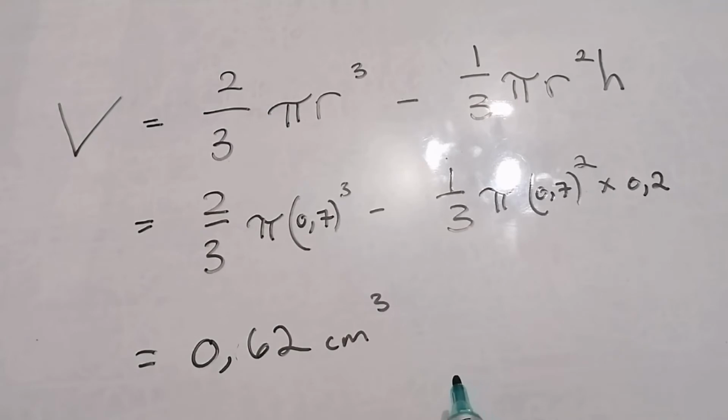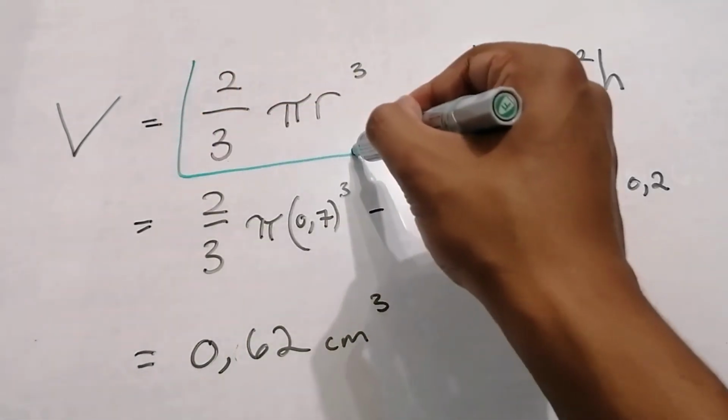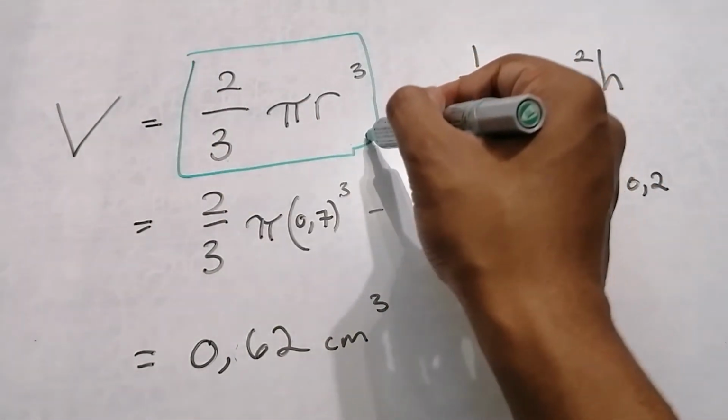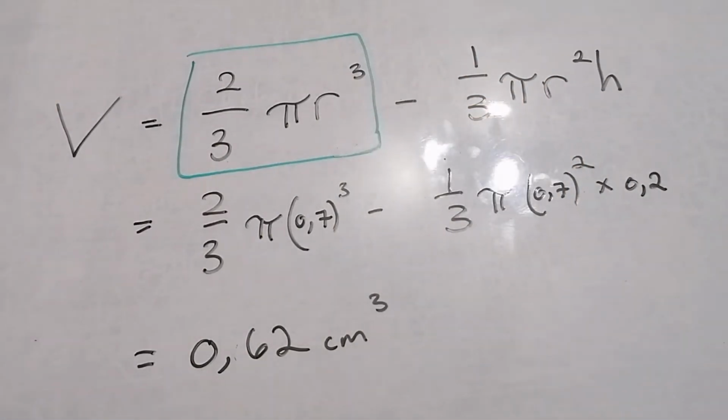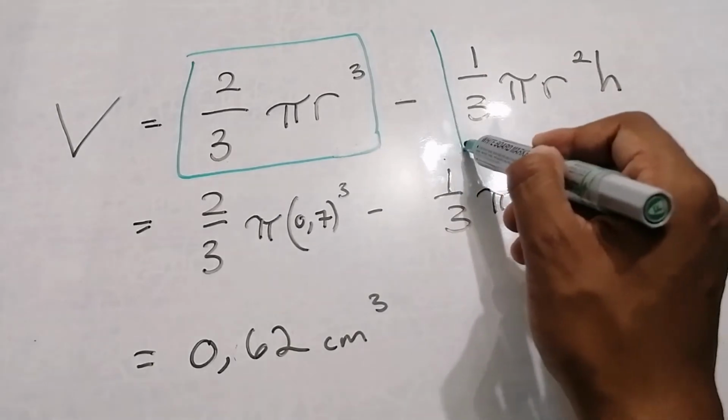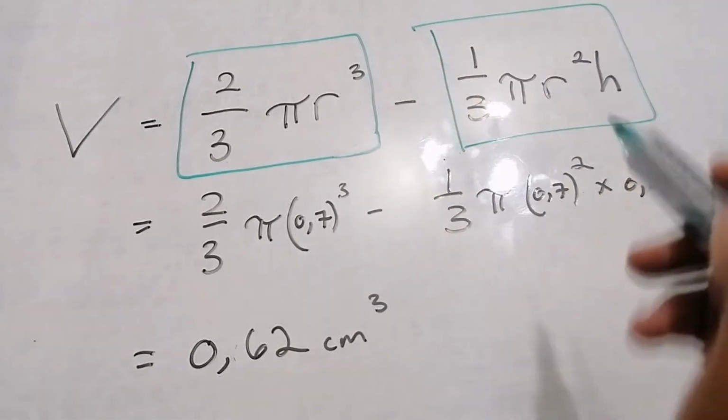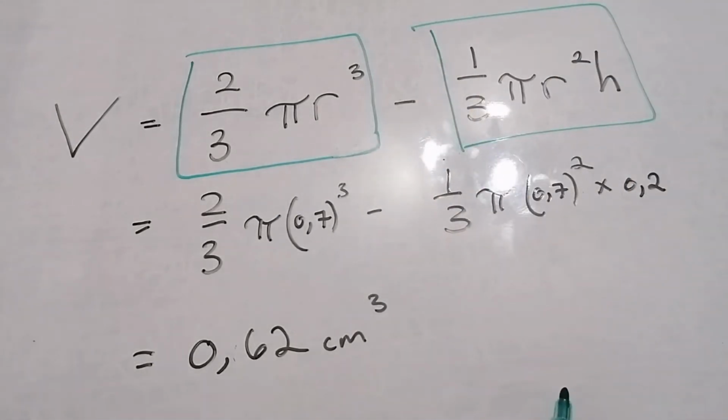And so now the volume of a hemisphere is simply 2 over 3 pi r cubed. And then the volume of a cone is 1/3 pi r squared times height.